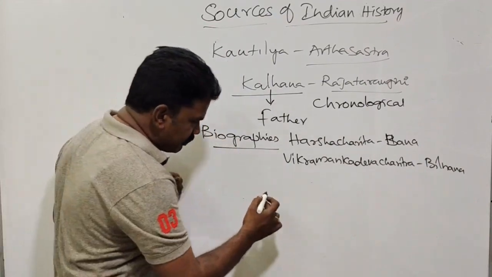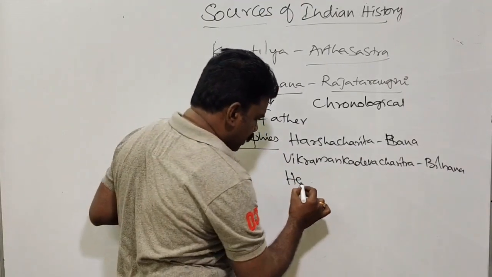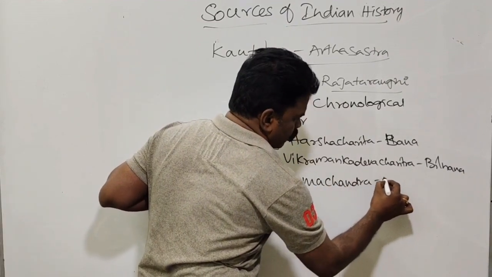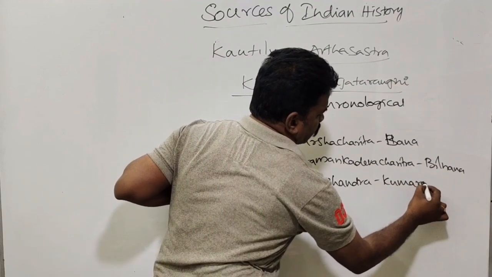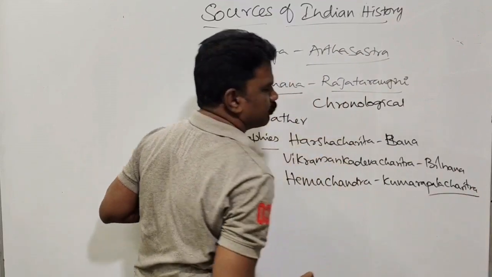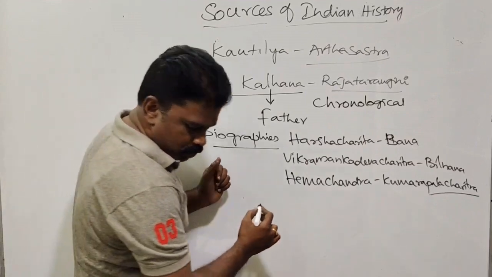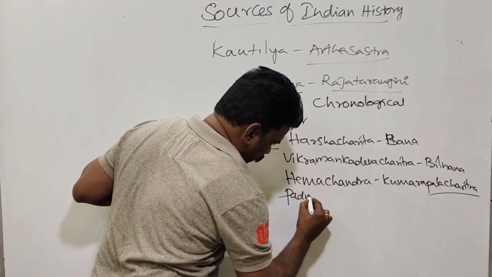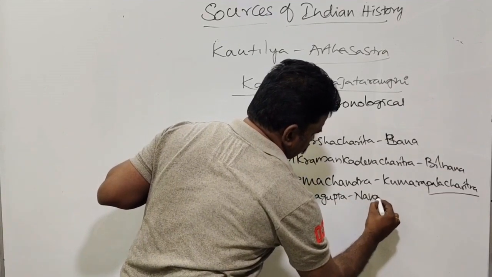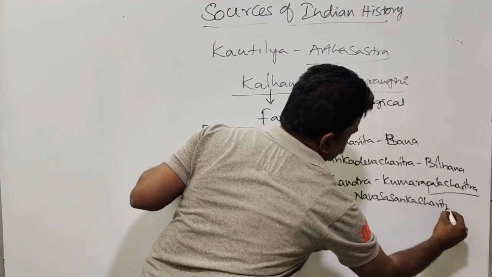Next, Hemachandra wrote Kumarapala Charitra. Padmagupta wrote Navasasanka Charitra. All these are biographies.